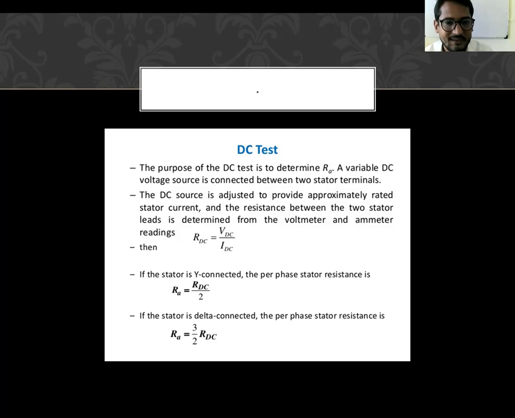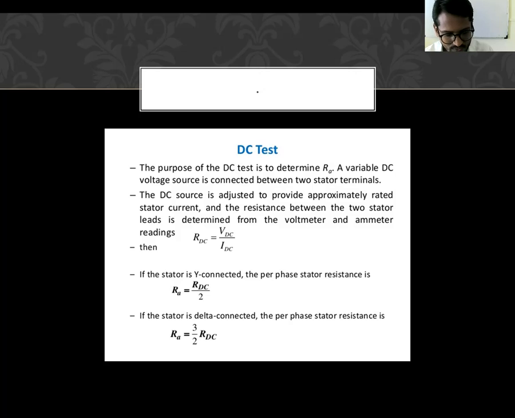RDC equals VDC upon IDC. The average of three sets of resistance RT is taken for the calculation. The value of RT is divided by 2 to obtain the DC resistance per phase. As the effective AC resistance is much larger than the DC resistance due to the skin effect, the effective AC resistance per phase is calculated simply by multiplying the DC resistance by a factor of 1.20 to 1.75.